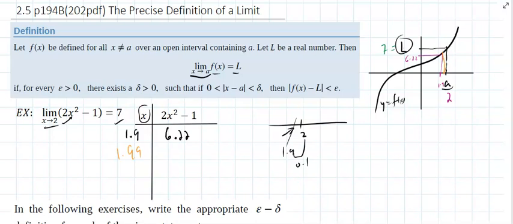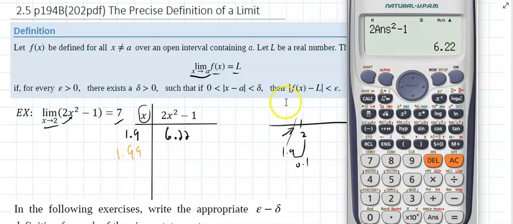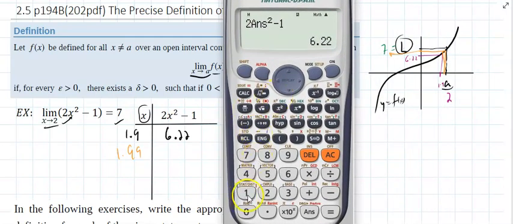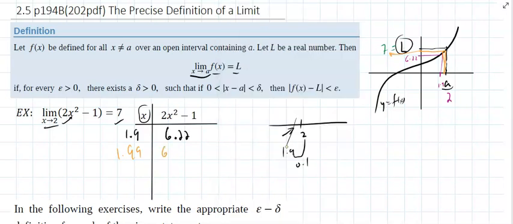Now, shouldn't you expect the y to be closer to 7? And if I take that and I plug in 1.99, my answer is 6.9202. So I noticed that, look, I got closer to 7.